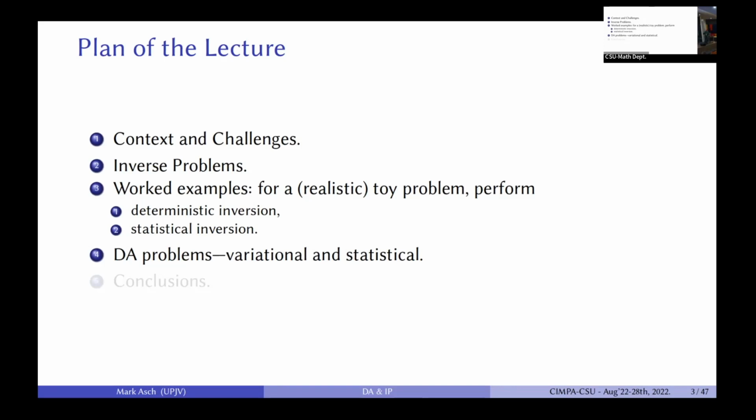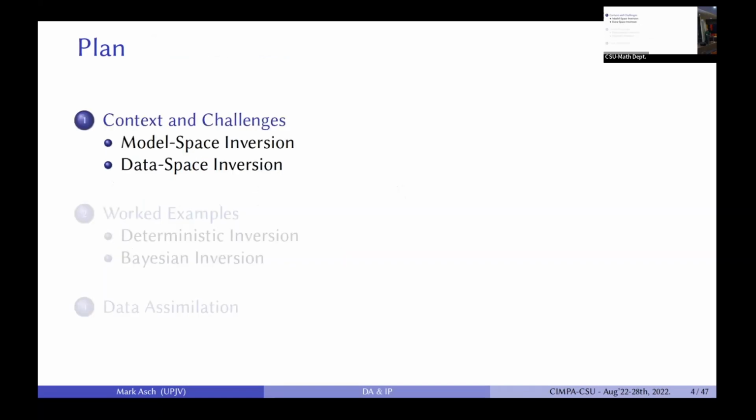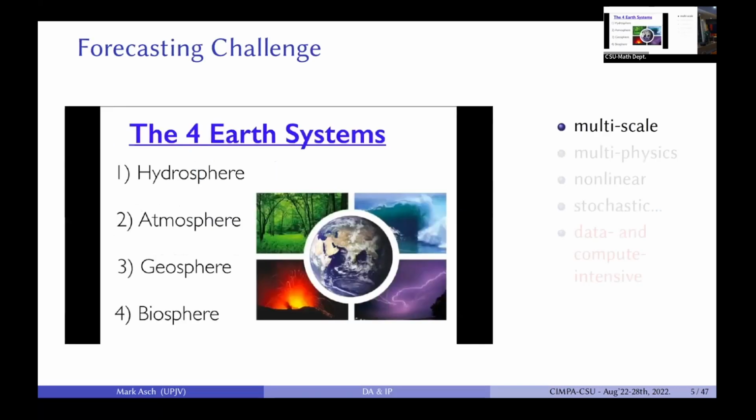Everybody who does data assimilation uses a standard notation system, which is very good, which means we can exchange codes, we can exchange theories. It's very easy because everybody does the same. I'll make some conclusions. In the context and challenges, we'll speak basically about model space inversion and data space inversion. This is more advanced, but I'll give you a taste.